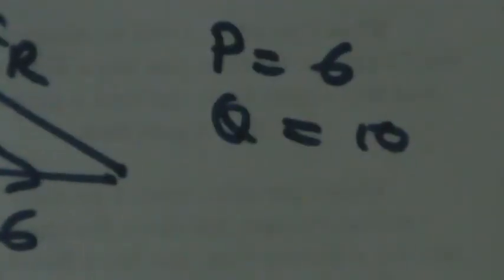I'll take P equals 6 and Q equals 10. It doesn't matter whether P is 6 and Q is 10 or Q is 6 and P is 10. Theta equals 150. Theta is the angle between P and Q, whether it's obtuse, acute or a right angle. So I can find Fr, which equals R here.